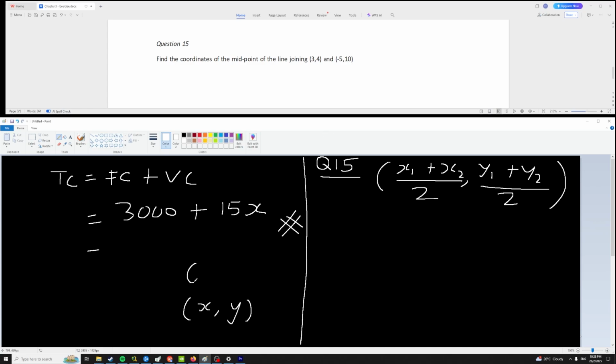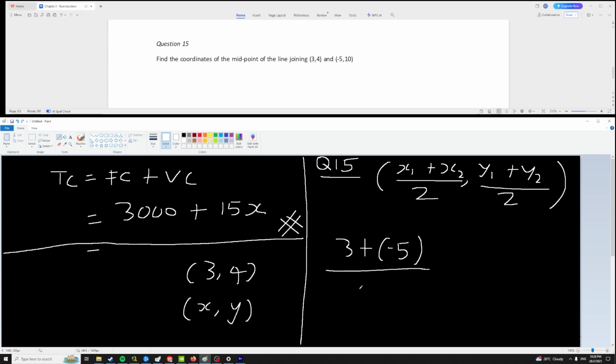For example, if you see 3, 4, the 3 is on the x-axis and the 4 is on the y-axis. So we have 3 plus negative 5 over 2, and y is 4 plus 10 over 2.